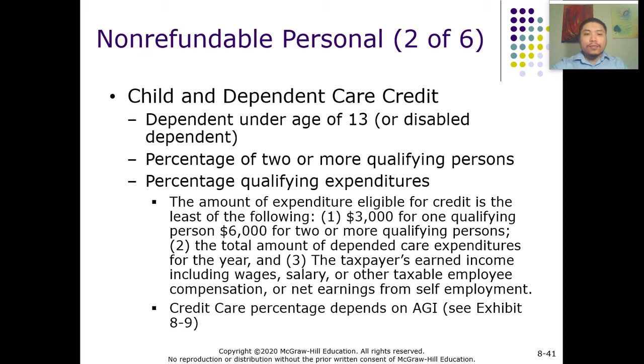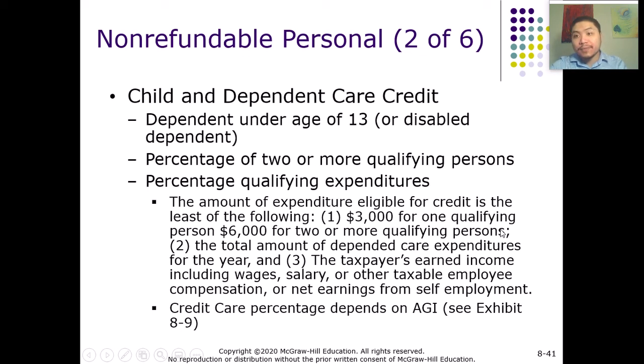For this program, the way we calculate it is to use a predetermined percentage and apply that times some amount to calculate the expenditures, to calculate the tax credits. The expenditures that we can use to calculate the credit is going to be the least of these three categories. First, the least of the following: $3,000 for one qualifying person, and $6,000 for two or more qualifying persons.